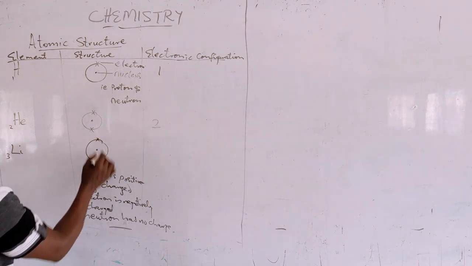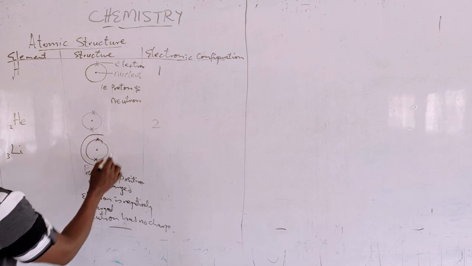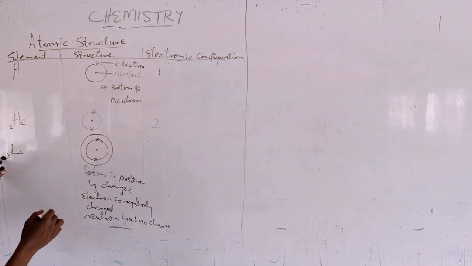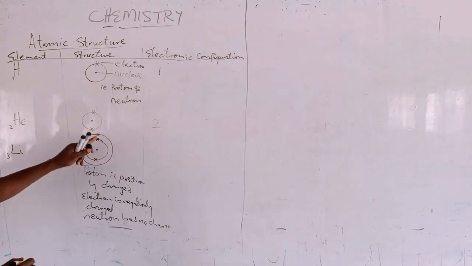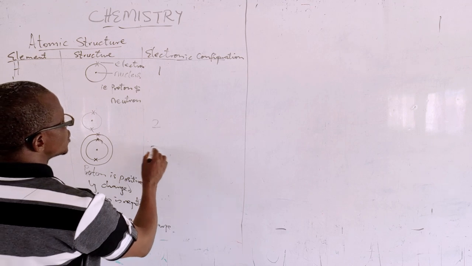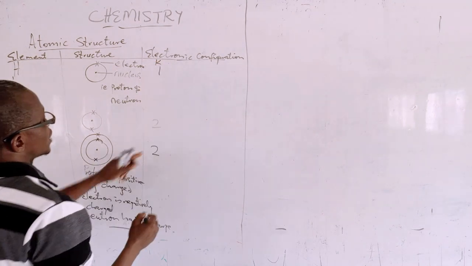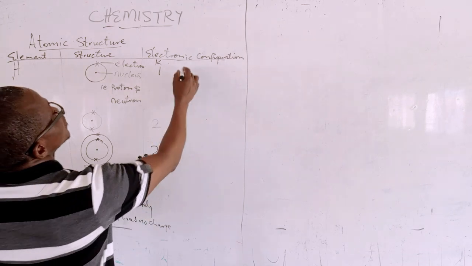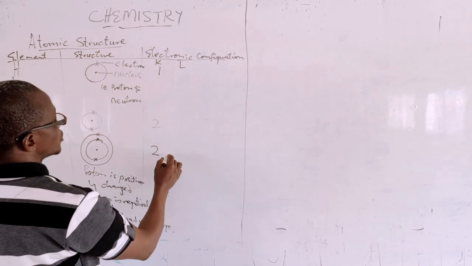So after putting 2, that shell is filled up. You create another shell and put the remaining 1 to give you 3. 1, 2, 3. That first shell is the K shell. Now, K shell is filled. Let's go to L shell.